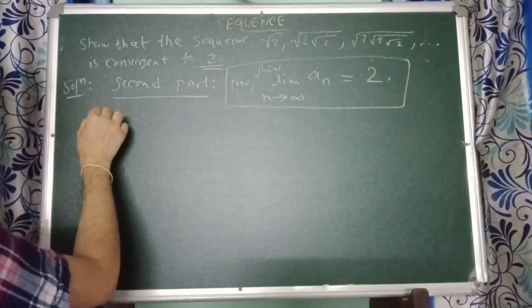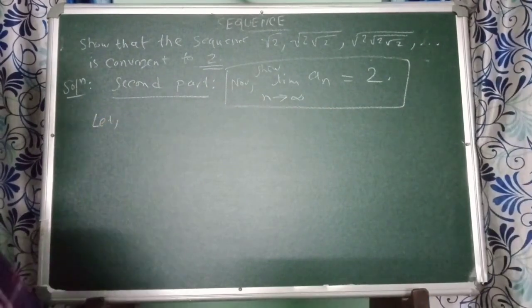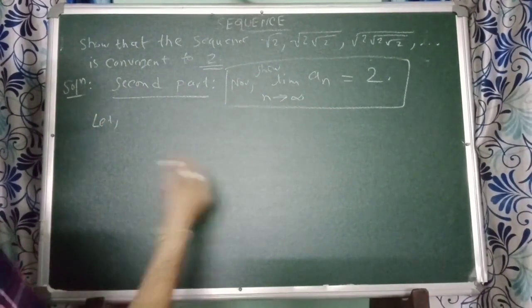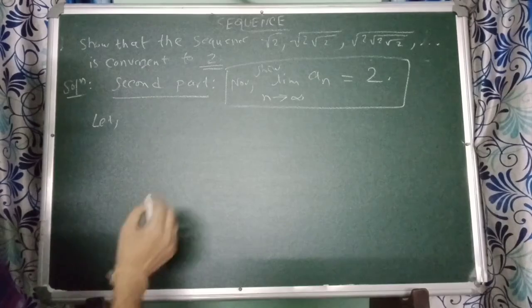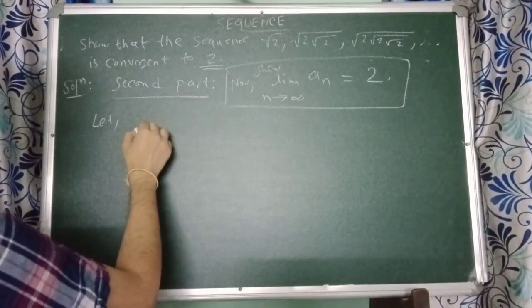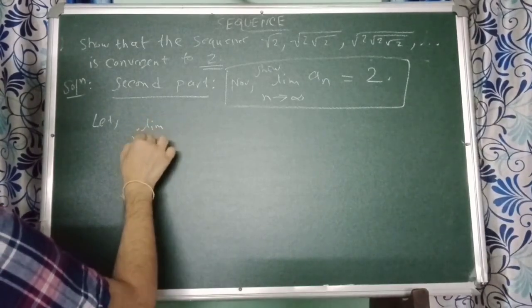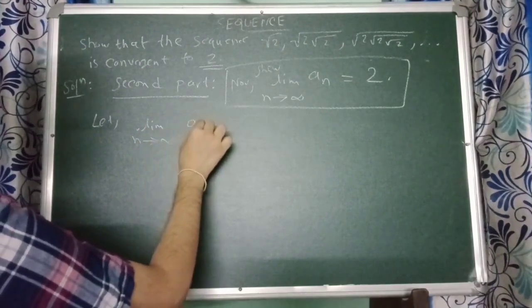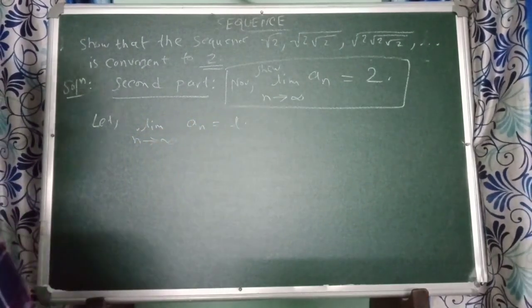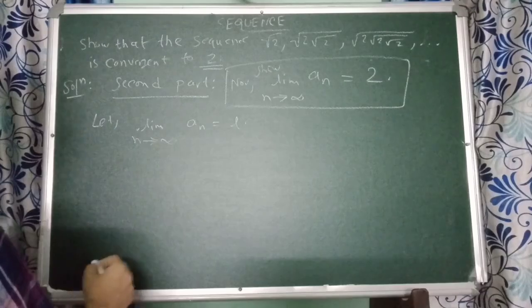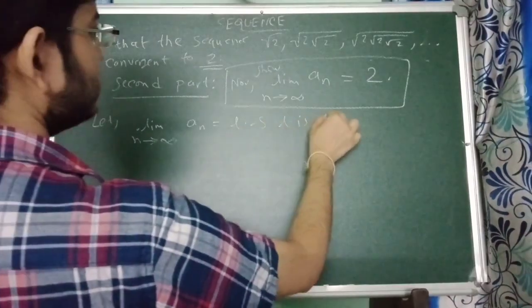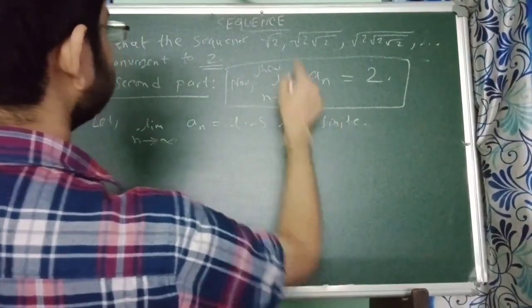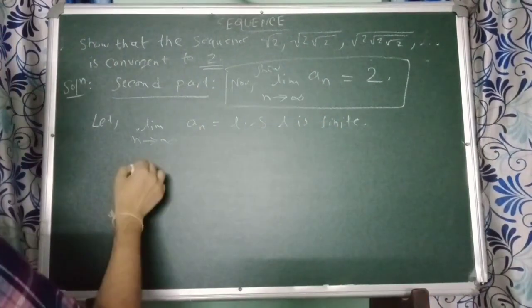Now we assume that, since this is convergent, so it converges to a finite point, so let limit n tending to infinity a_n equals l, and l is finite obviously since this is convergent.